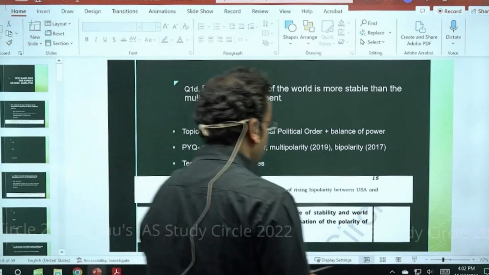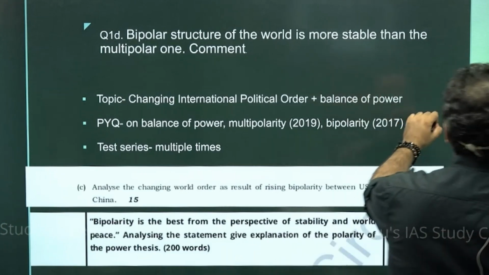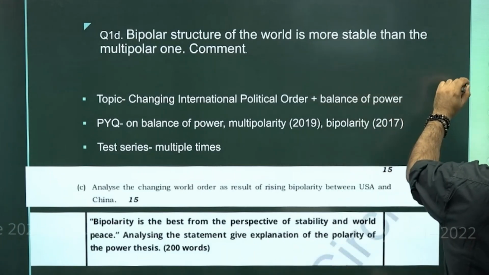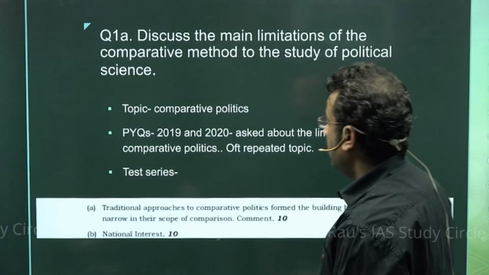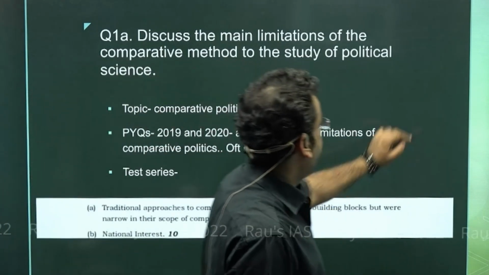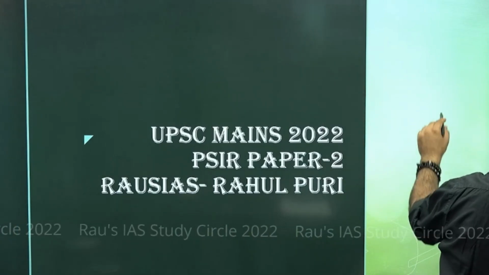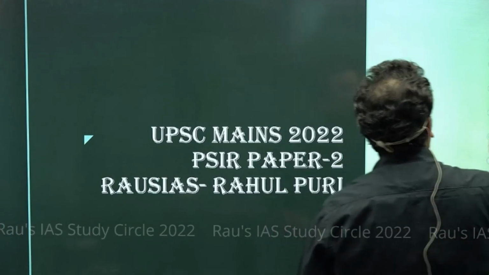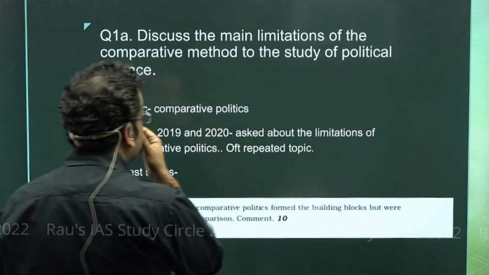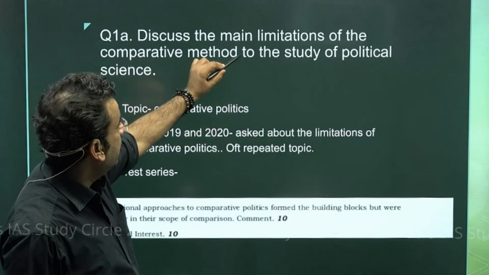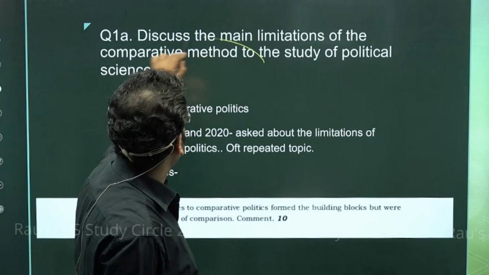Let's do a quick analysis of paper 2. The detailed PDF of the solution of the questions of paper 2 is there in the link section. Again, starting from the first question: limitations of comparative method.